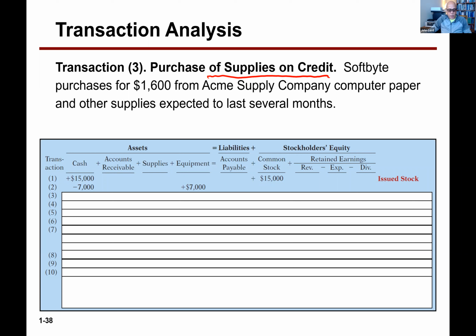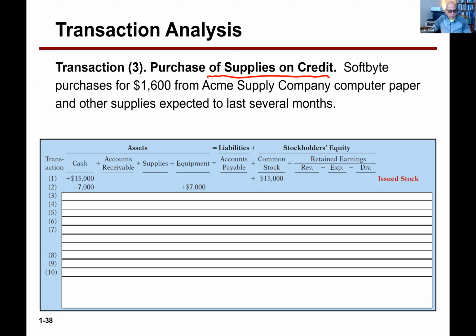So if I have a bill of $1,600, let's start with the liability side. Is my liability going to go up? Yes. I'm going to have an account pay a bill, and I'm saying it funny on purpose. The correct way to say it would be accounts payable. I have a liability that I'm going to have to pay.